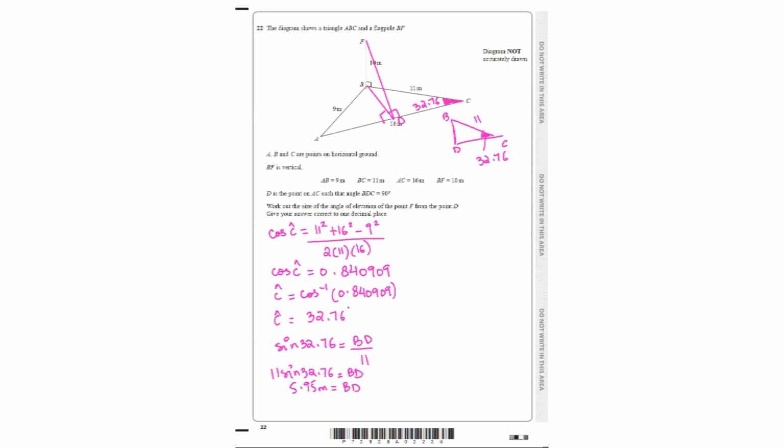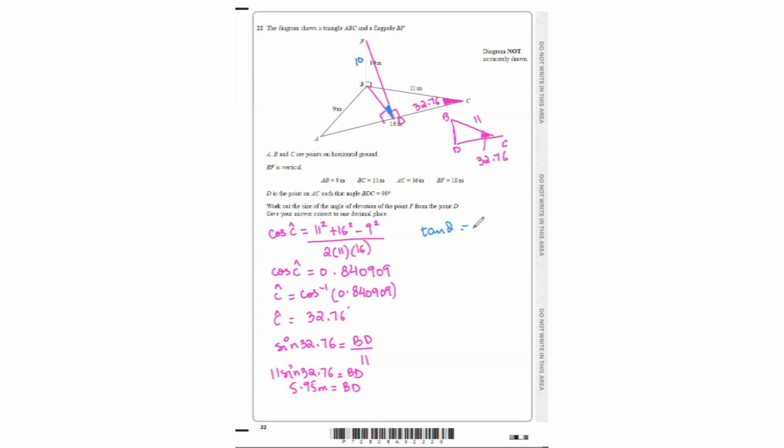Now, the question was asking us to find this angle over here, the angle that BF makes with BD. So we have the length of BF, which is given as 10. We have the length of BD, which is 5.95. So to find this angle, we'll use tan.